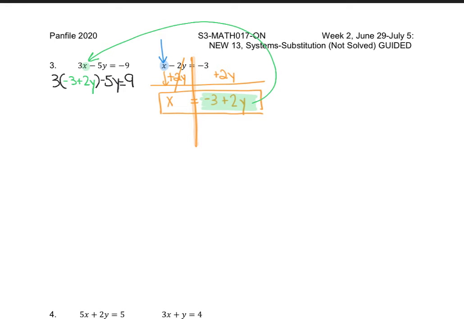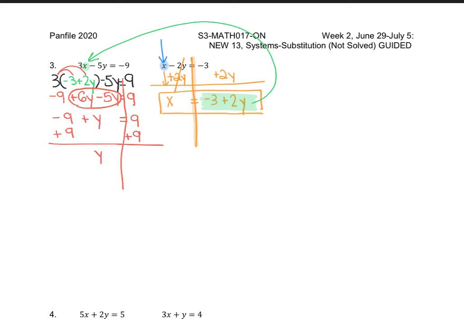Now I'm going to distribute the 3, and I'm going to get negative 9 plus 6y minus 5y equals 9. I'm going to draw my line. I'm going to combine my like terms. So I have negative 9 plus y, just 1, equals 9. I'm going to add 9 to both sides, and I'm going to get y equals 18.